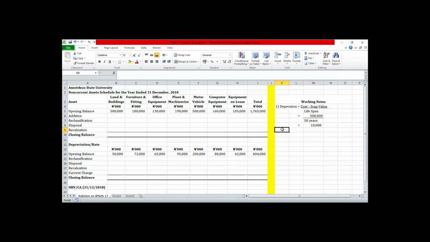Now, we can say that the depreciation rate for the first one, land and building, is equal to 100 divided by 50. That will give us 2%. What was the second one?